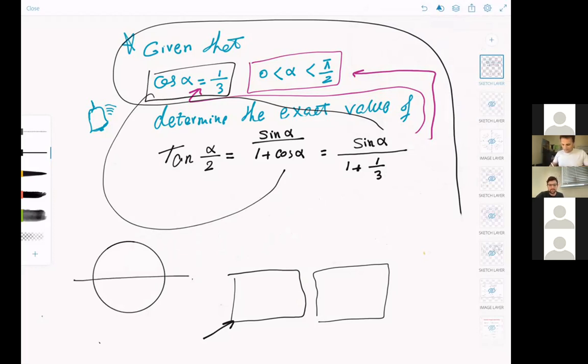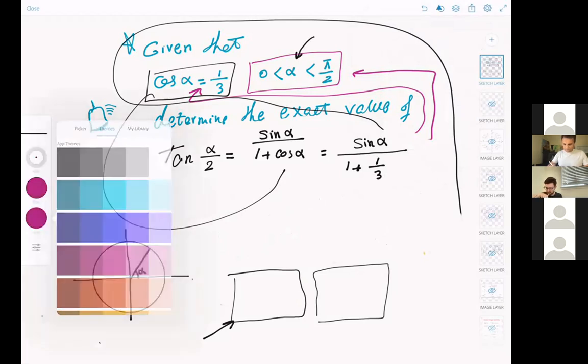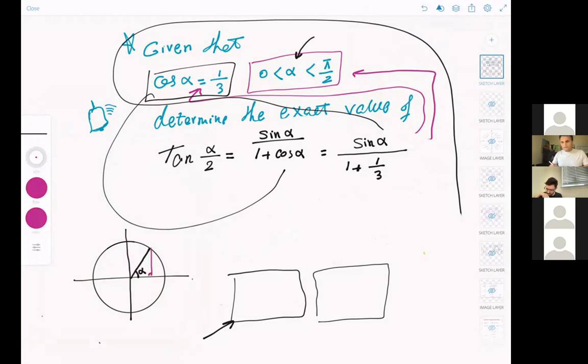So we are using the Pythagorean theorem. Which quadrant should I draw a triangle in? They said alpha is between 0 and pi half. So I randomly make it here, and I call this one alpha. I make a right triangle. So this is going to be cosine. We have cosine alpha is 1 over 3. This means x over r. This is 1. This is 3.